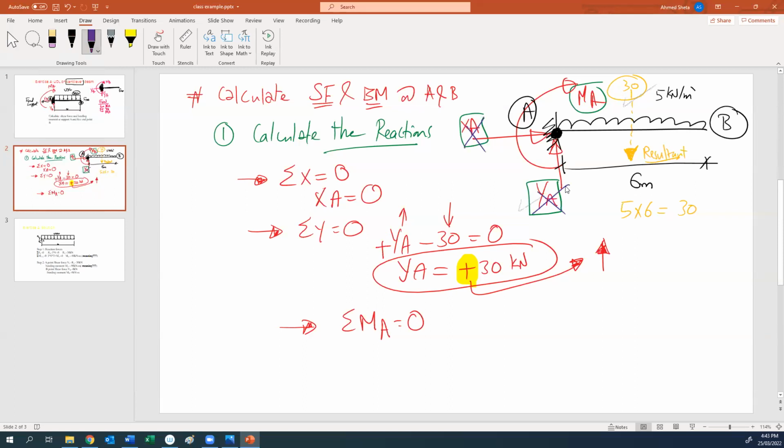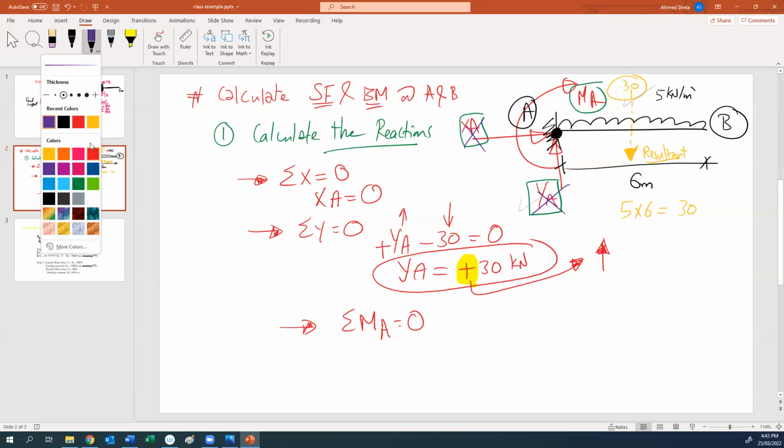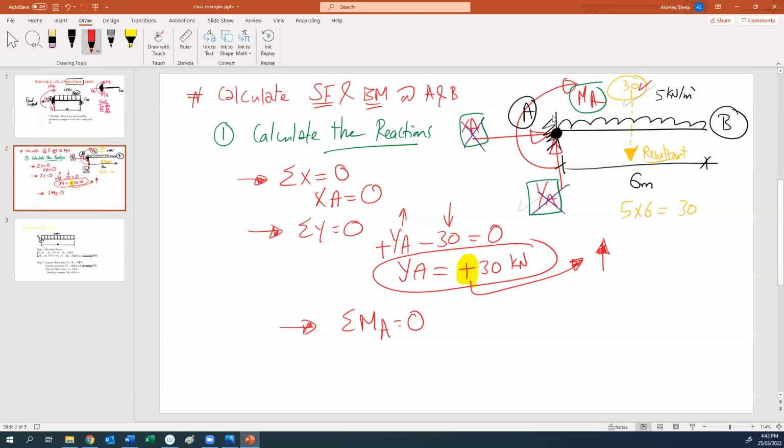This force also passes through, so it doesn't have a moment. So what will cause a moment at A? We will have the 30 kilonewton and MA. The 30 kilonewton is acting at a distance of 3 meters, because it is in the middle, so 3 meters from point A.